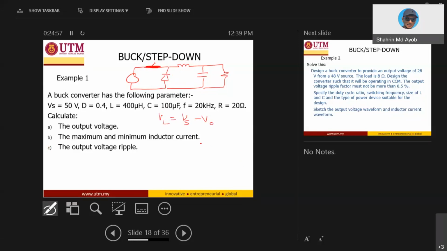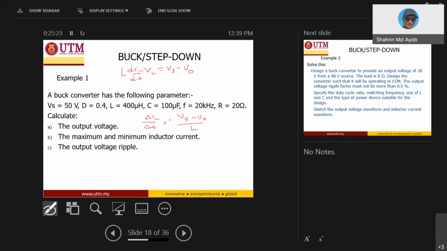Okay, from that, you are good. You know that VL is VS minus Vout. Then you should know that this VL is L di/dt, right? So from that, you change this: delta IL over delta T is equals to VS minus Vout over L.